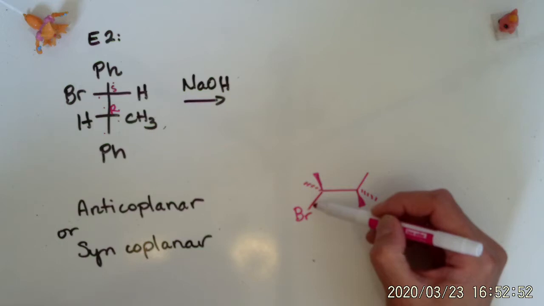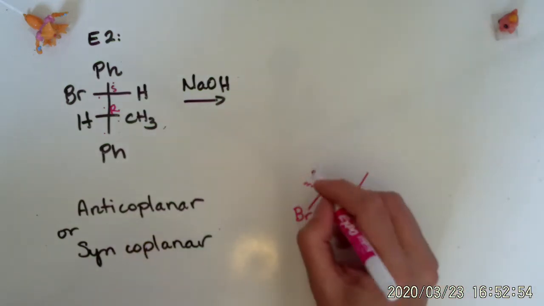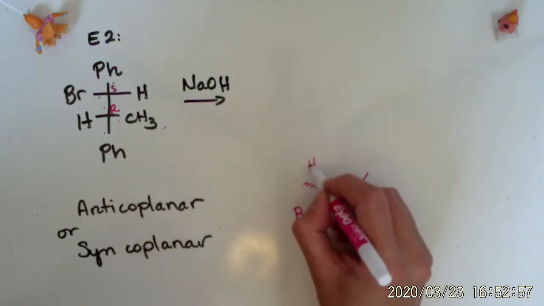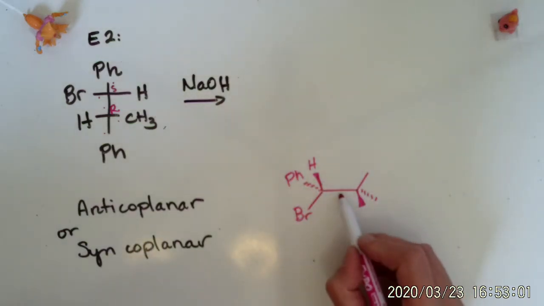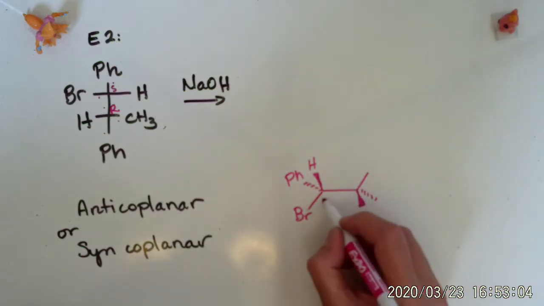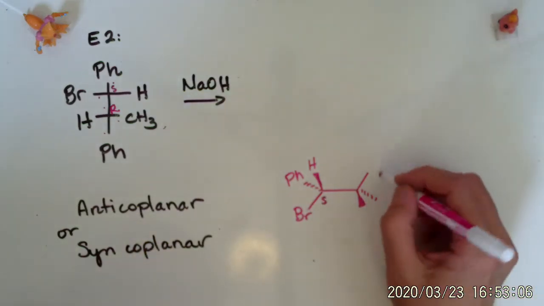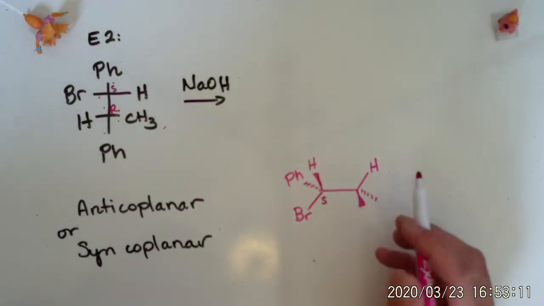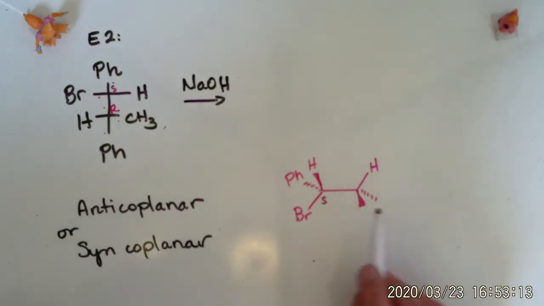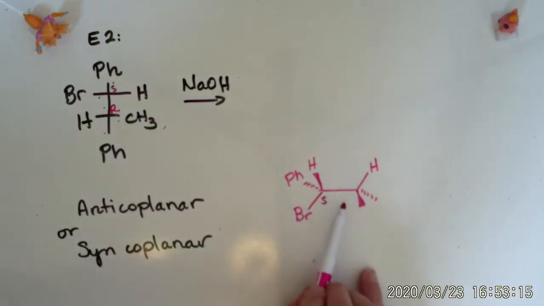That's R. Hydrogen's coming out, so this is S. Now if the hydrogen's in the back, I want it to be R. So 1 is this one, and 2 has got to be at the front.